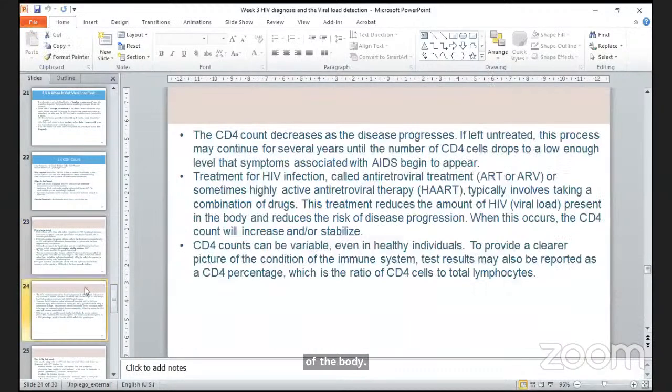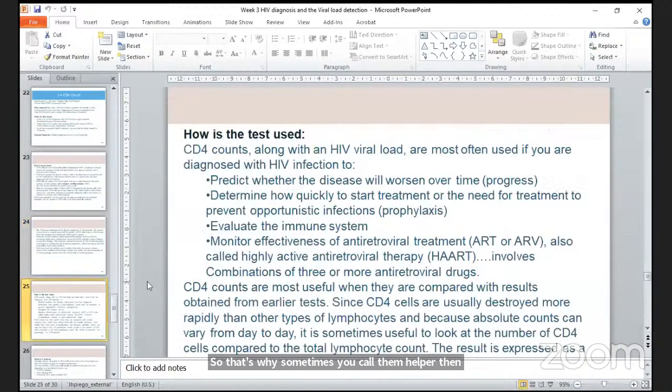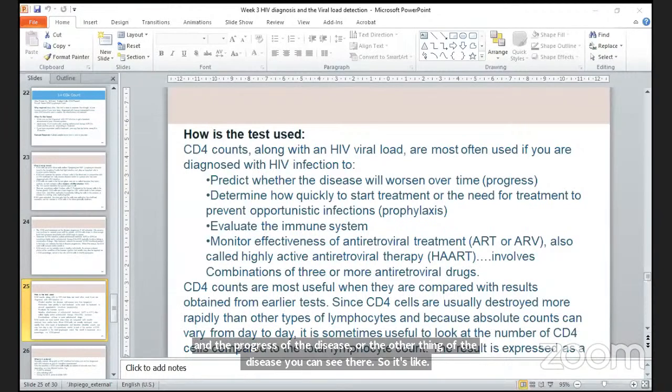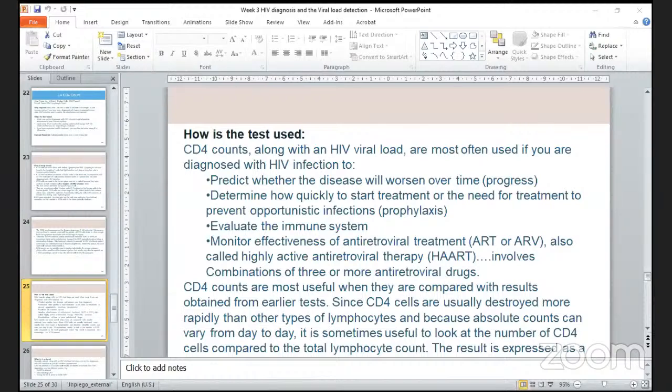Then something else that we discussed is how this test is used. We said it can be used to predict the progress of the disease or the worsening of the disease. So it's like a predictor trying to indicate the onset of co-occurring conditions.